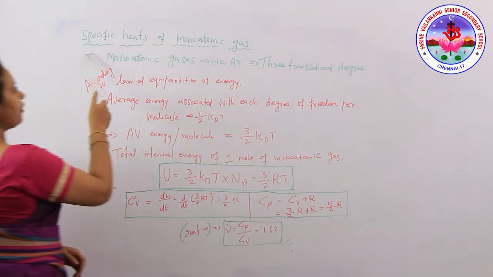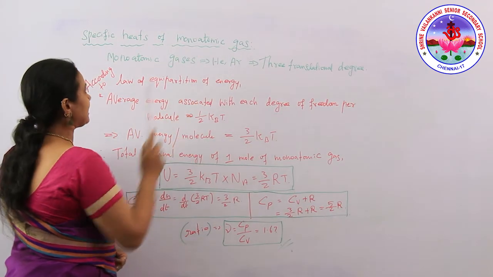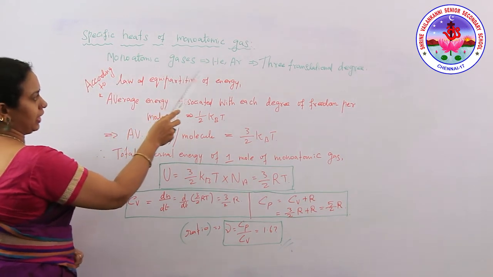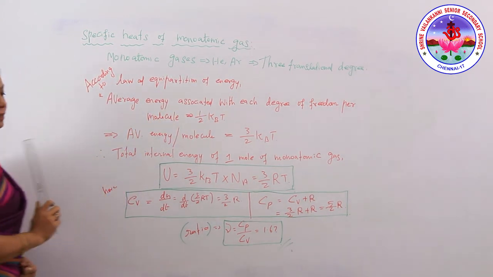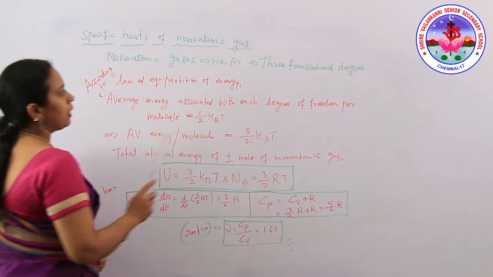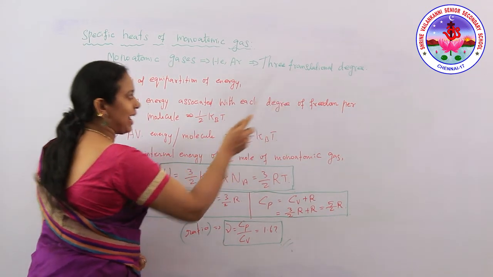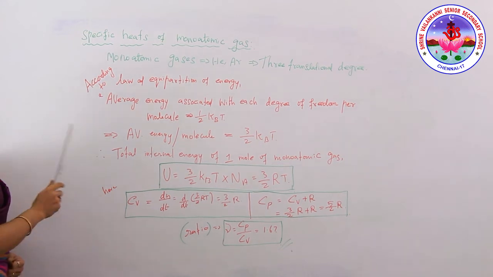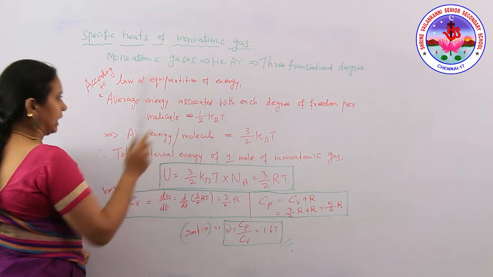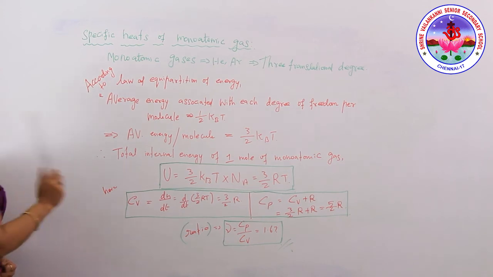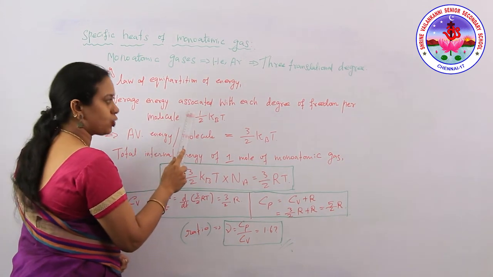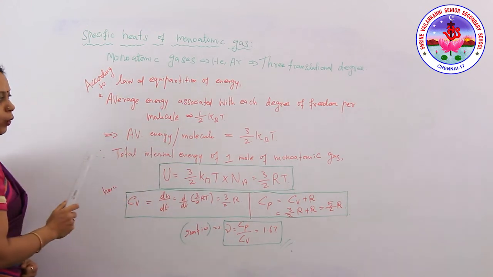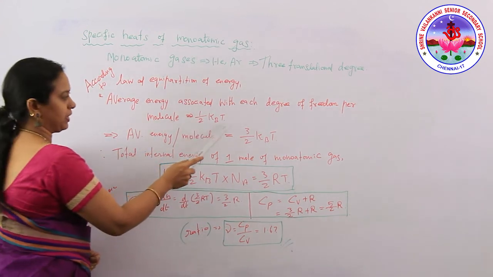Right. The specific heat of a monatomic gas. See, monatomic gases like helium and argon have 3 translational degrees of freedom. According to the law of equipartition of energy, the average energy associated with each degree of freedom per molecule is 1/2 kBT.